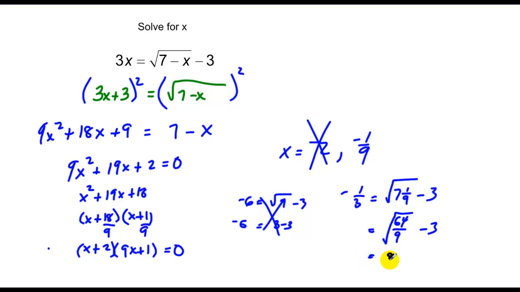This ends up being 8/3, I'm sorry, minus 3, which is equal to 2 2/3 minus 3, or negative 1/3. That actually works. So my answer in this case is just negative 1/9.